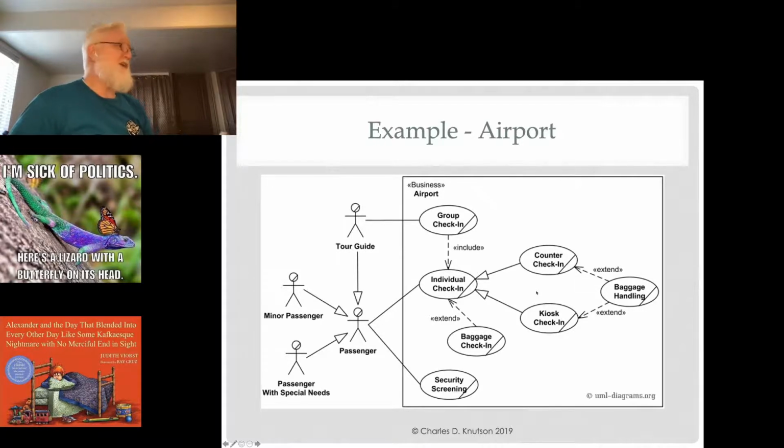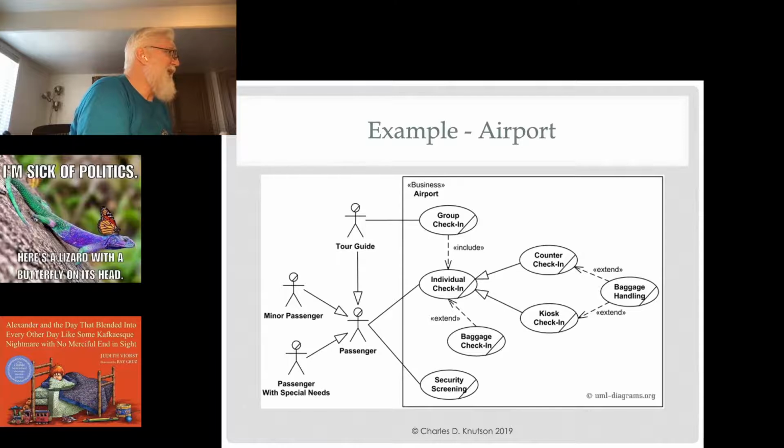UML, like everything, winds up being dependent upon fluency. You get a certain fluency and then it can make sense. Without the fluency, you're like, okay, it's a little confusing.